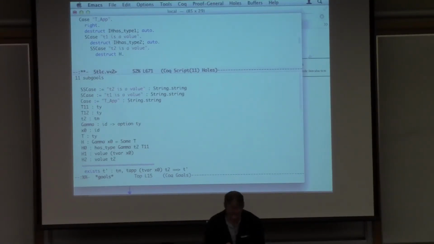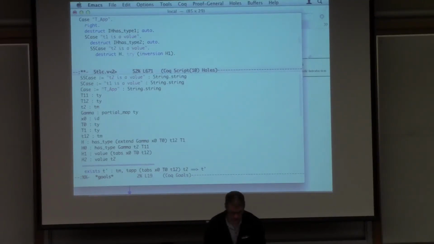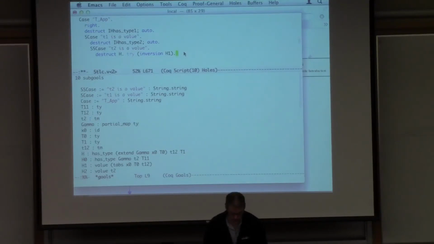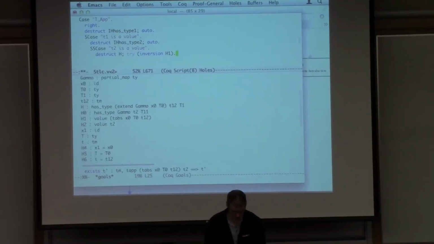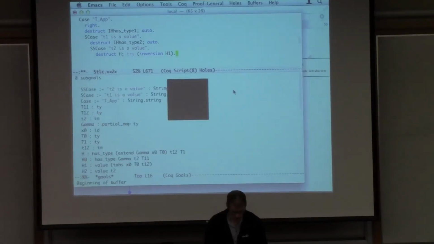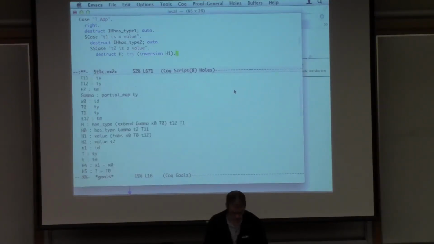Okay, let's try it just once and see what happens. Did that deal with that case? Yes. Okay, so that seemed to work, so let's be more ambitious and put it after a semicolon. So at this point we have 6 subgoals, and at this point we have 8.